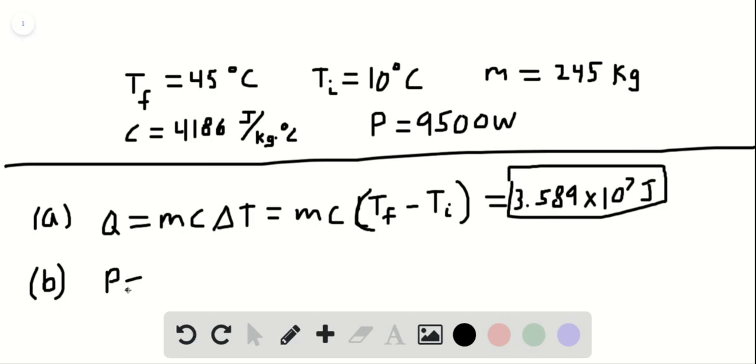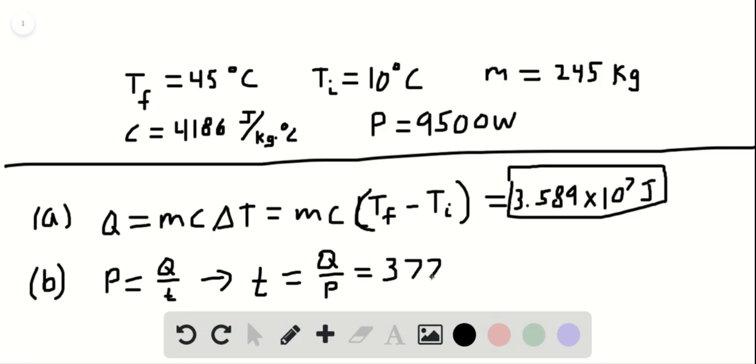It's equal to the energy, Q, divided by the time, T. So solving for T, we have T is equal to Q, which we just calculated, over P, which is 9,500 watts. Plugging those values into this expression, we find that this is equal to 3,778 seconds. Well, that's about 63 minutes or about 1 hour, but we're just going to leave it in second form.